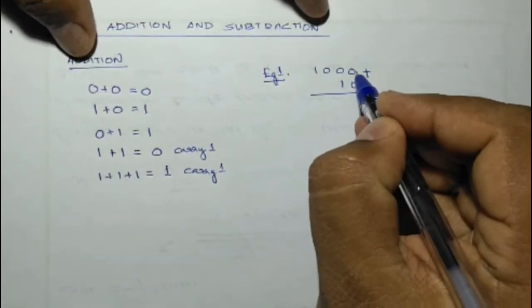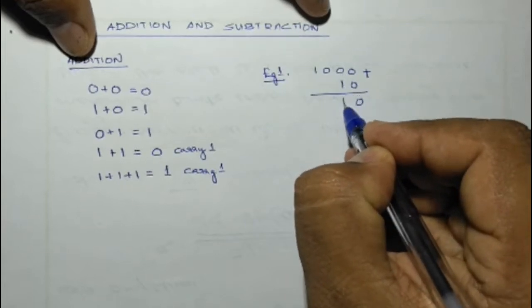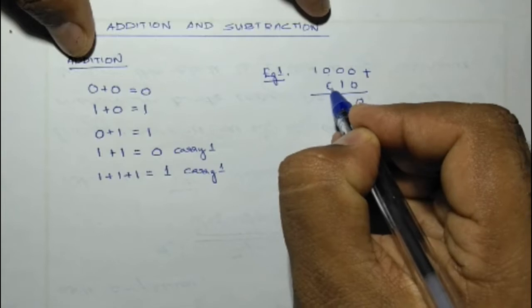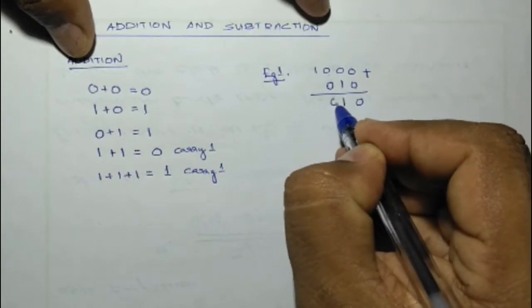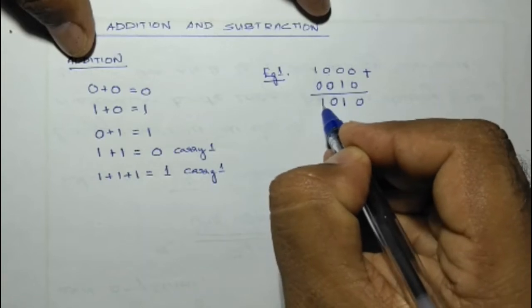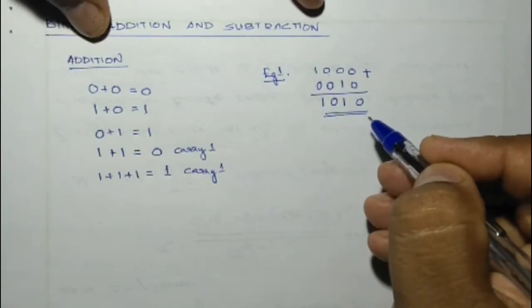So from the rule, 0 plus 0 is 0, 0 plus 1 is 1, 0 plus nothing is here, that can be treated as a 0, so 0 plus 0 is 0. Again, 1 plus 0 is 1. So the result is 1 0 1 0.